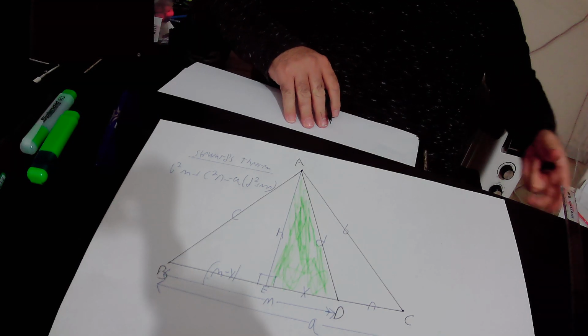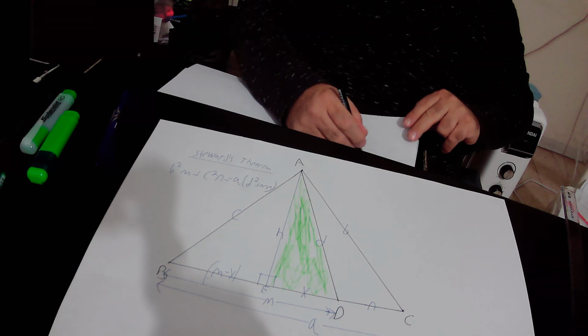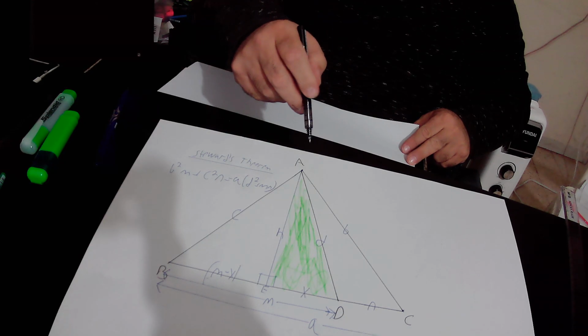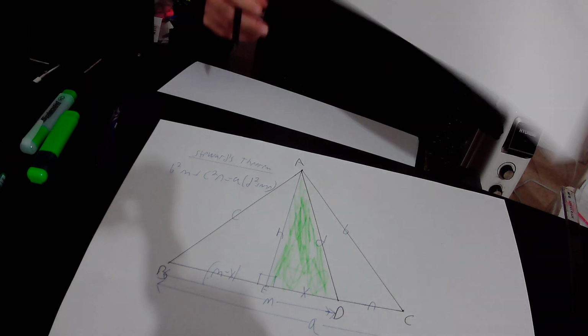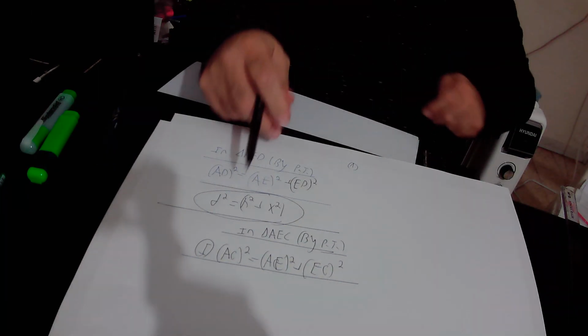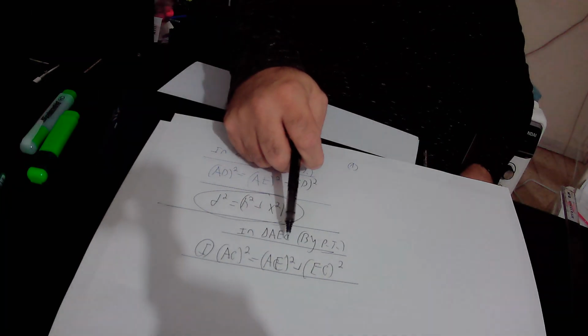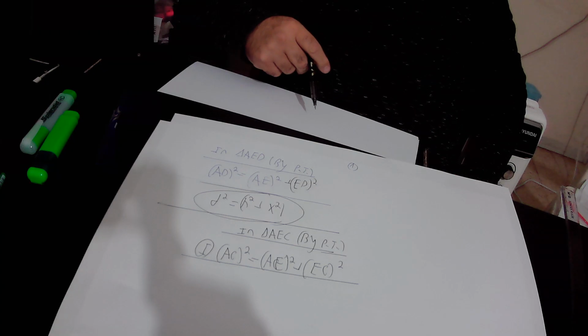I repeat again: according to the Pythagoras theorem, in the right triangle AEC, AC squared equals AE squared plus EC squared.